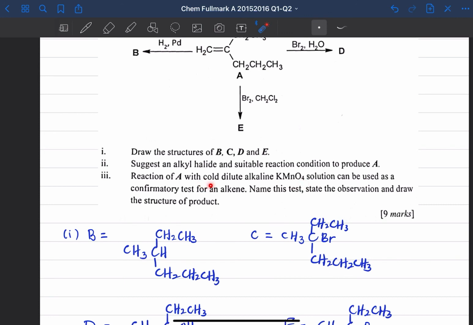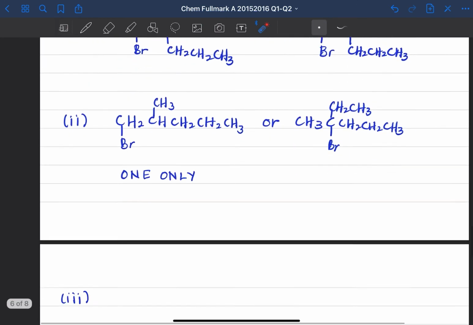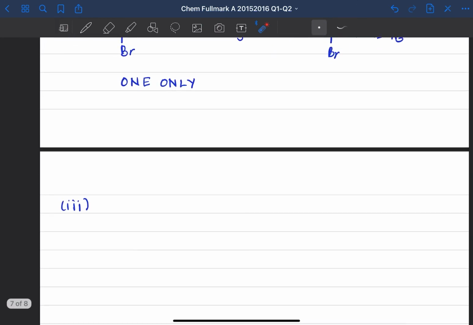Very important, this one. Cold dilute alkaline KMnO4 can be used as a confirmatory test for alkene. The question is, name this test, state the observation, and draw the structure of the product.